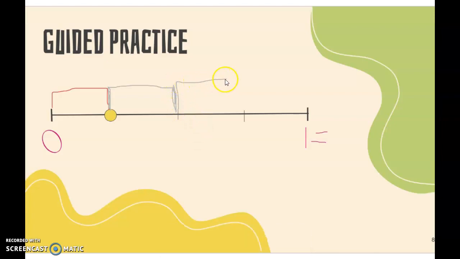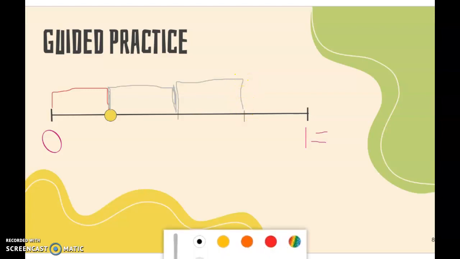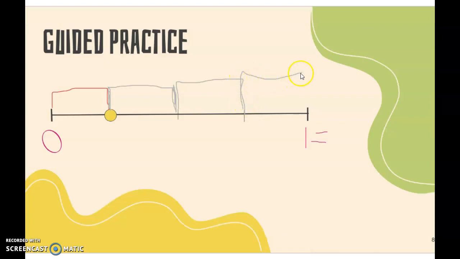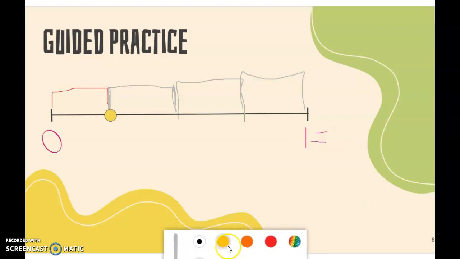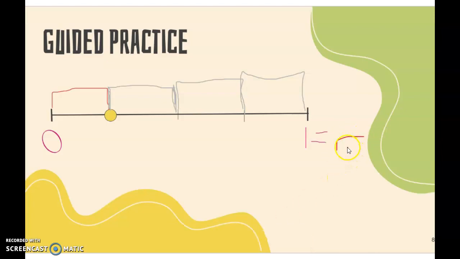From my midway point to my next marker represents another fractional part on my number line. And from here to here represents another part. So since we just said that each part represents a fourth, we know that 4/4 is equal to the whole.